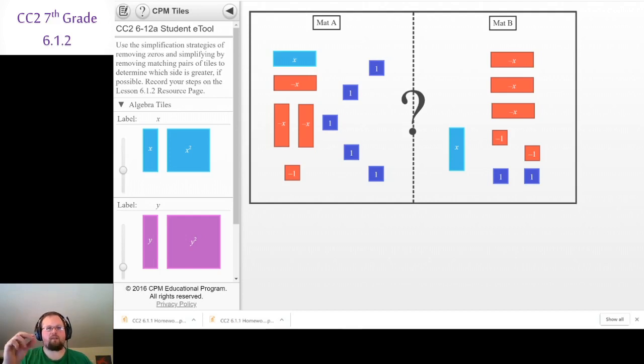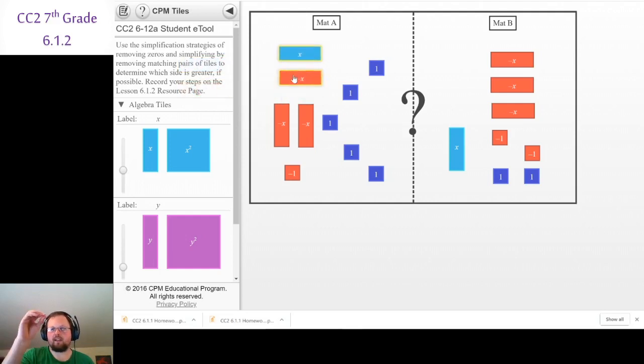You could also say I've got a negative x on this side and a positive x on this side. In this visual example, this is my negative x and a positive x, and I'm going to take both of those together and just remove them from my problem. Because I can do that.